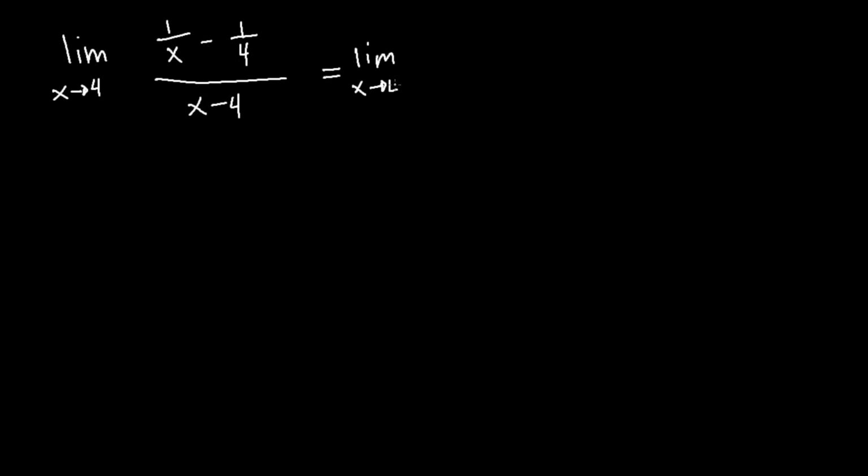So, kung sa imong pag-subtract, kailangan nimo pangitaon ang common denominator, which is 4x. So, 4x divided by x is 4 times 1 is 4. So, 4x divided by 4 is x times negative 1 is negative x. And that's all over x minus 4.